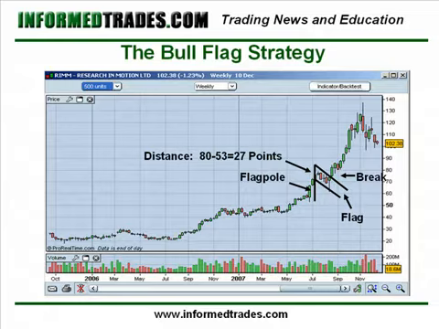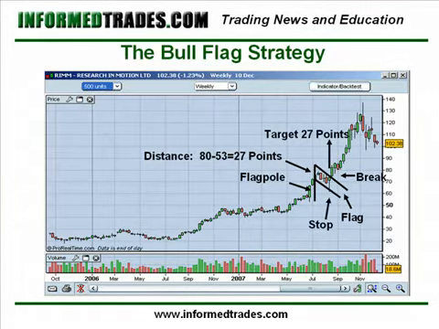You can see it starts there at the bottom with the flagpole, and then you can see the top candle there in the middle of the flag. So we get 27 points there by subtracting 53, the low, from 80, the high. And that's our target for that buy, and then we place our stop just below the support line there.